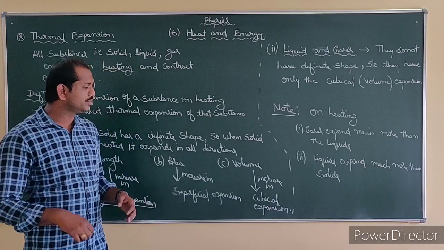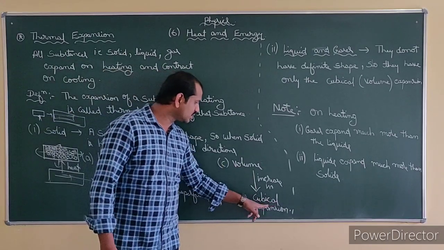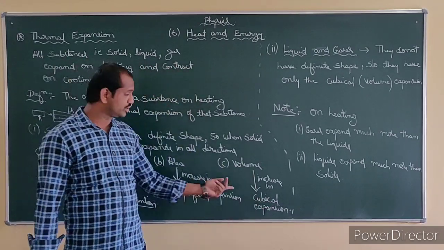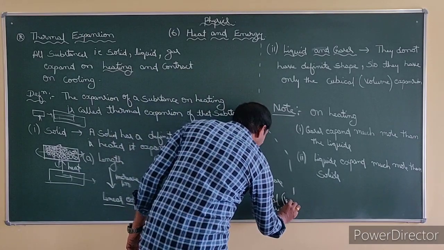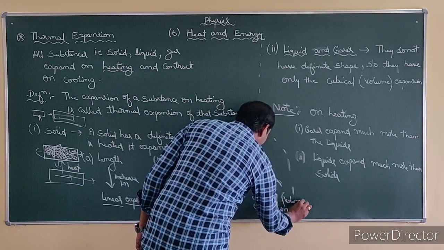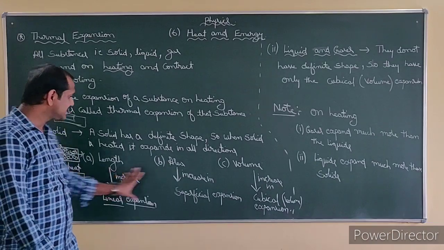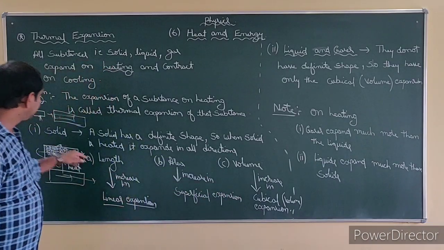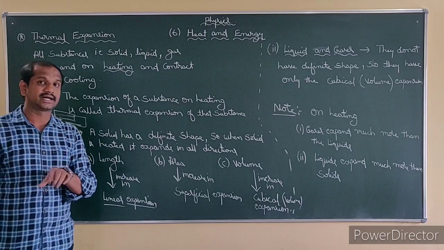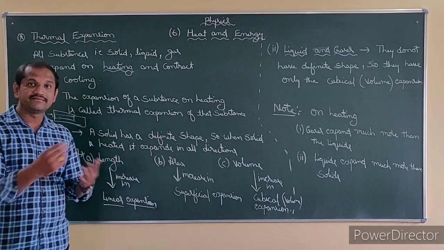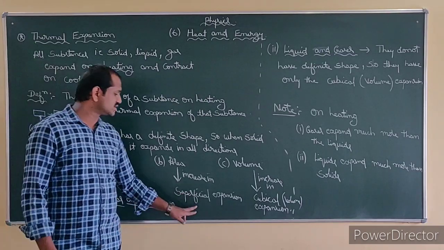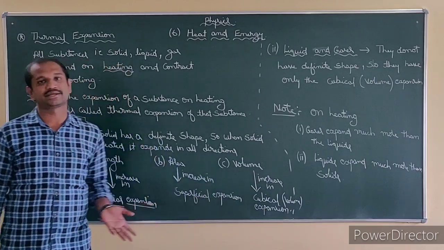Volume. Whatever the increase in volume is called cubical expansion, or cubical is also called volume expansion. All the three things will happen in the case of a solid. Thermal expansion of a solid leads to linear expansion, superficial expansion and cubical expansion.